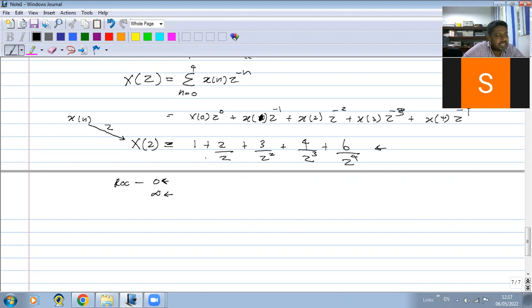So what is the ROC here? Let me say, if Z is equal to 0, what is the X(z) value? Tell me someone.